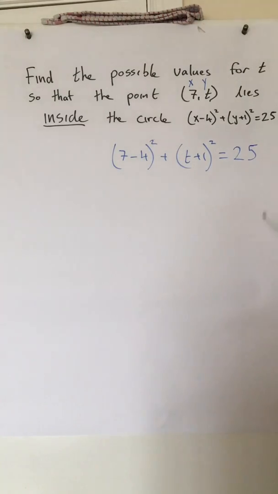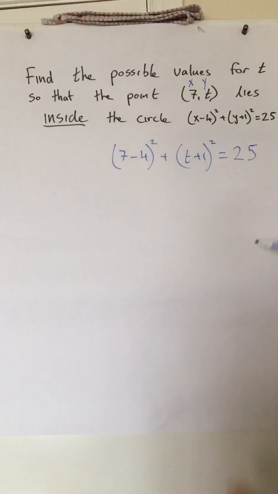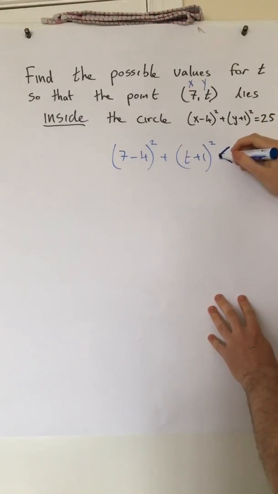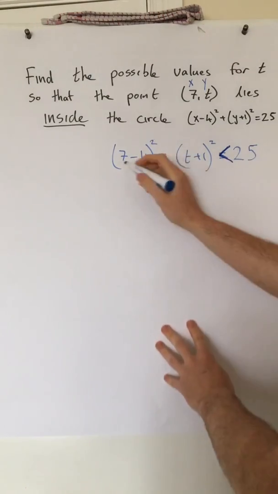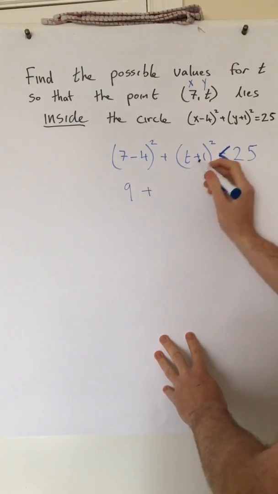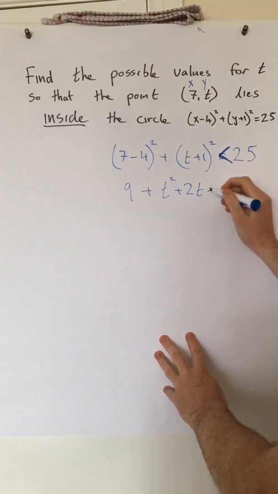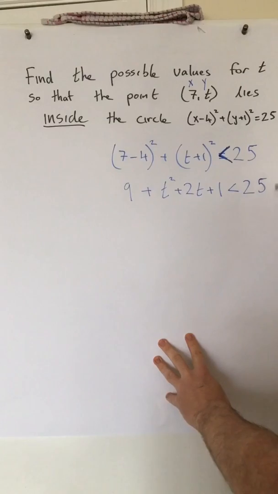We want that point to be inside the circle, so that would have to be less than 25. 7 minus 4 is 3 squared, which is 9, plus if we square this out, you're going to get t squared plus 2t plus 1 is less than 25.